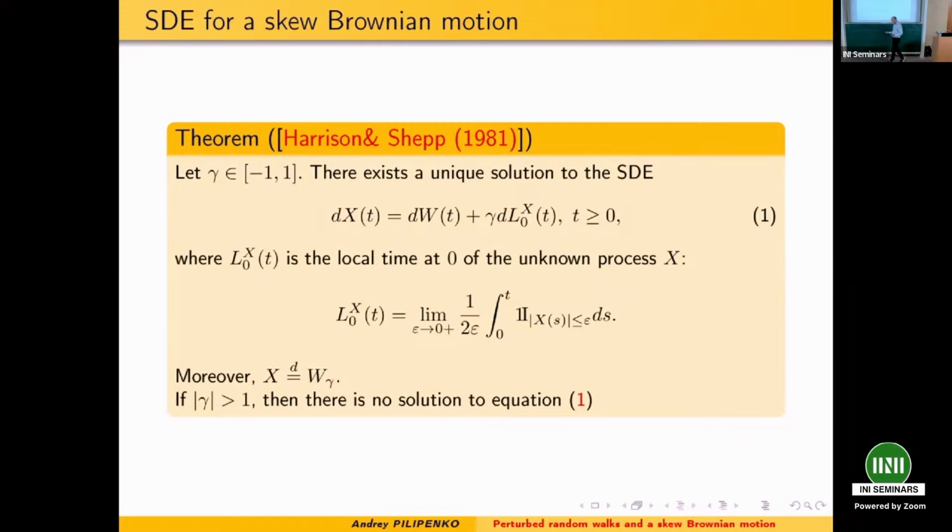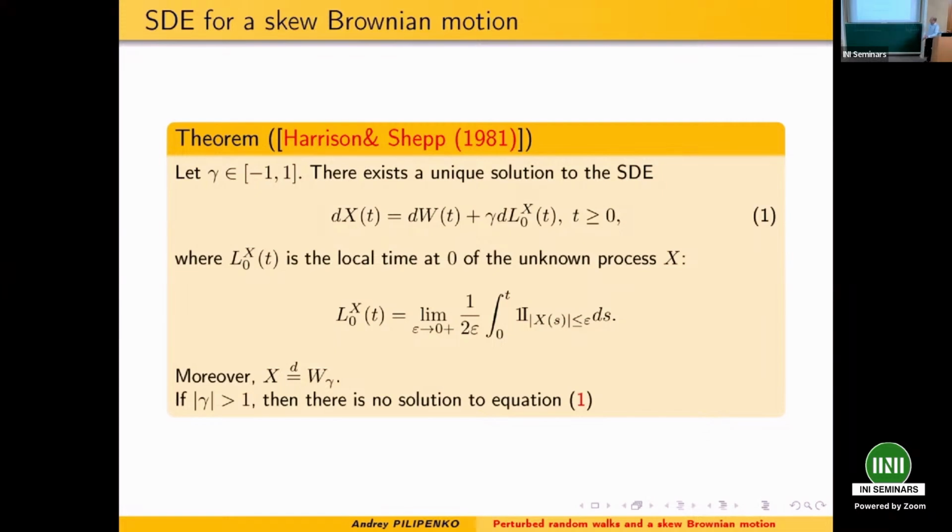So if there is a representation as a stochastic differential equation, it should be Brownian motion plus something that may increase only when the process hits 0. The equation is this, where L is the local time of the skew Brownian motion at 0, and gamma is just this gamma.